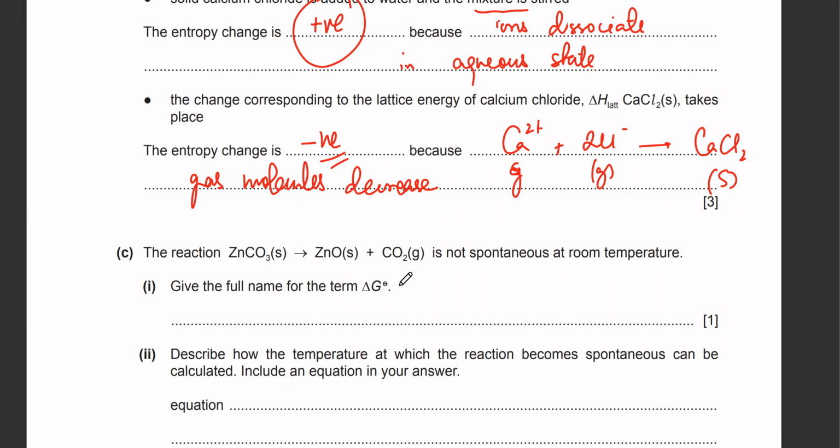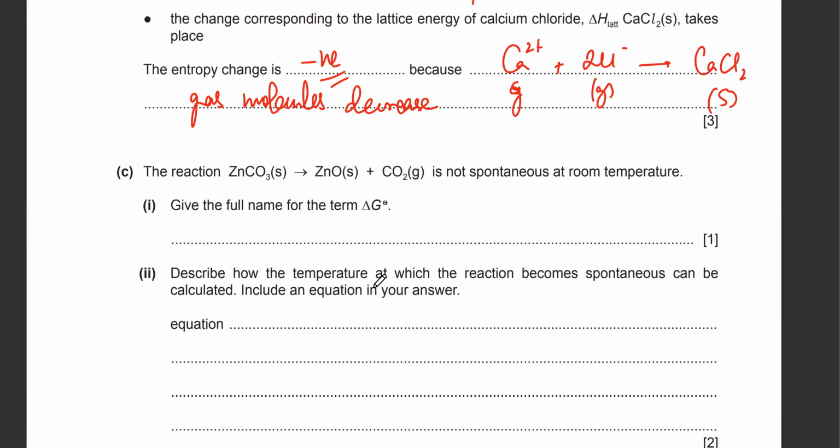What's the full name of delta G? Gibbs free energy. Plus you have to write standard as well. There's a knot on top, so standard Gibbs free energy. Describe how the temperature at which the reaction becomes spontaneous can be calculated. Include an equation in your answer. So how do you calculate spontaneity of a reaction?